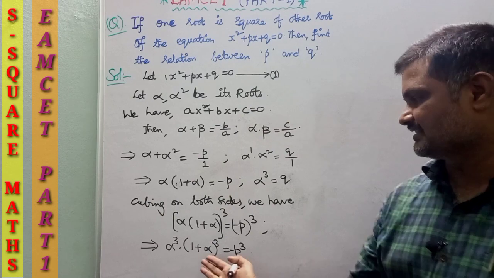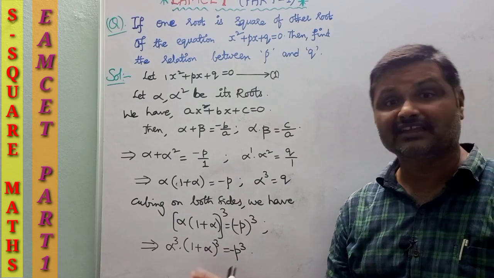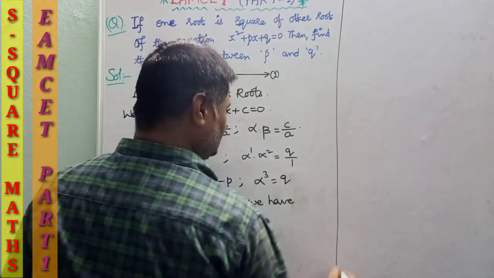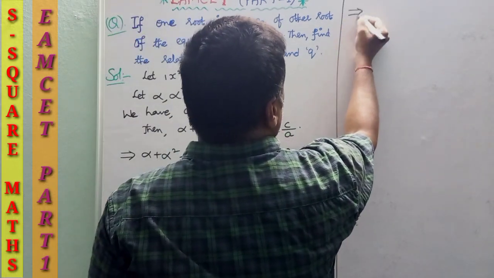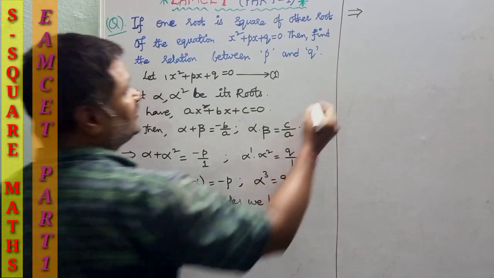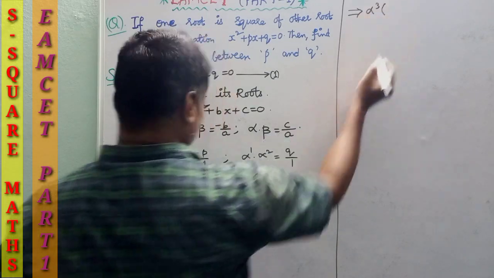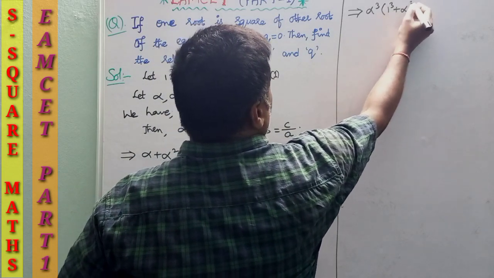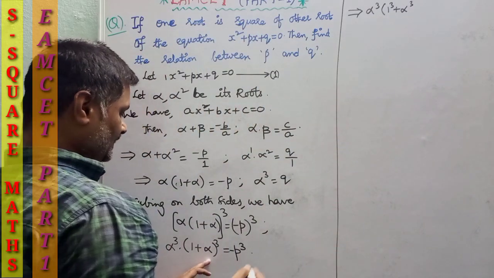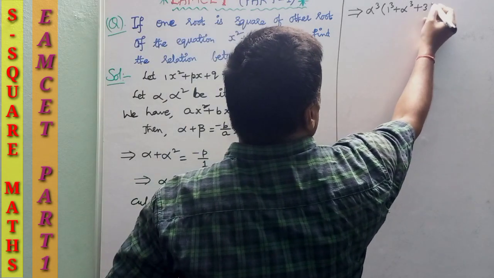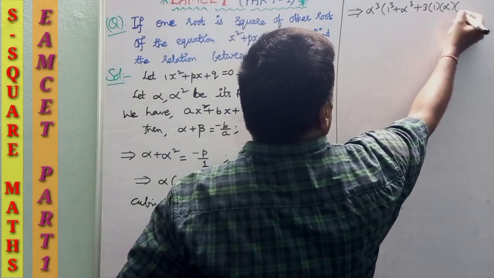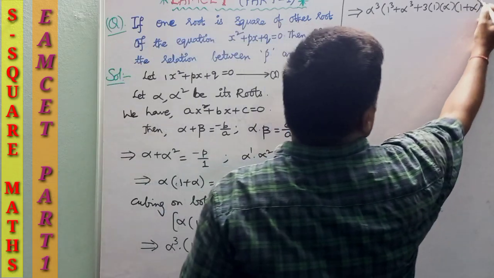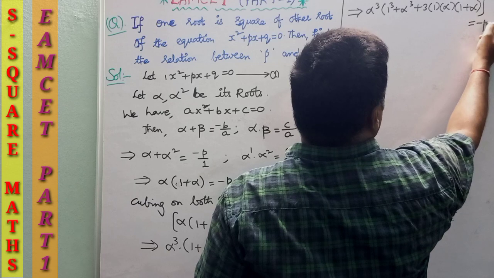Now let us expand this in the form of a plus b whole cube. This is alpha cube, with a as 1 and b as alpha, so 1 cube plus alpha cube plus 3 into 1 into alpha into 1 plus alpha is equal to minus p cube.